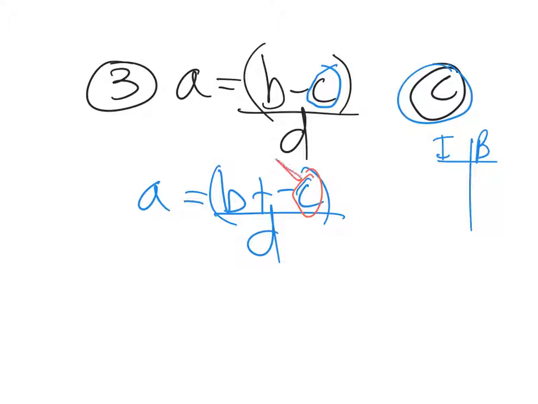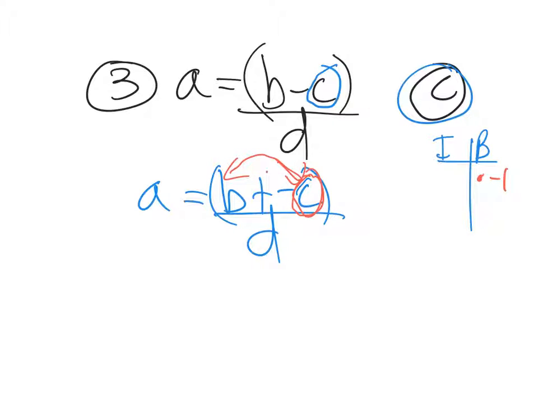So the first thing I notice here is it's minus c, or b plus negative c. So that's actually multiplication by negative 1. Only then do I add b. So the first thing that happens to c is it gets multiplied by negative 1.